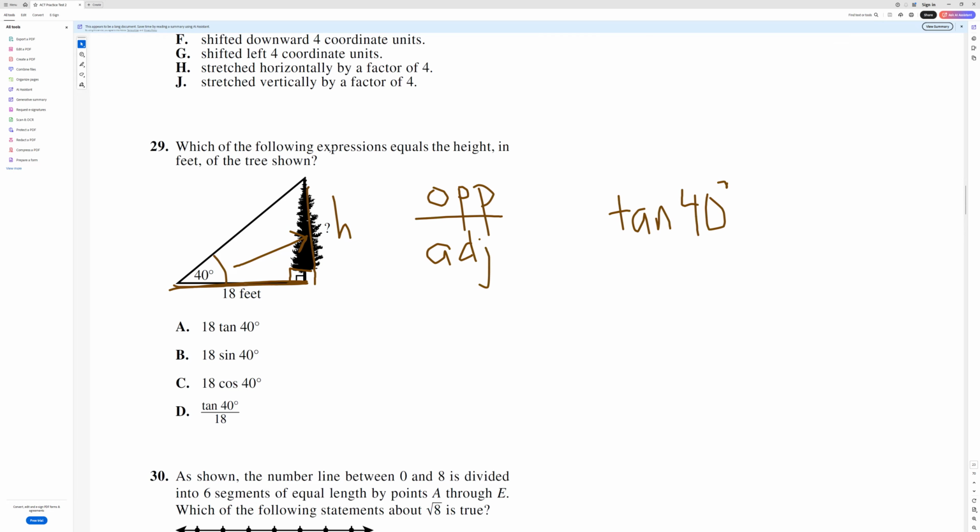So height is the opposite over adjacent. Let me look at my notes. So the opposite is also the height, so height over adjacent is equal to the tangent of 40.